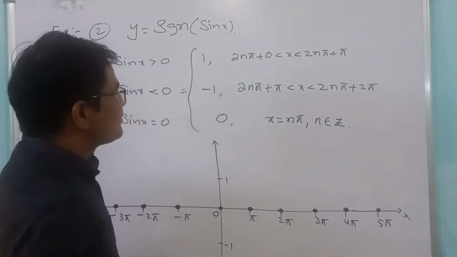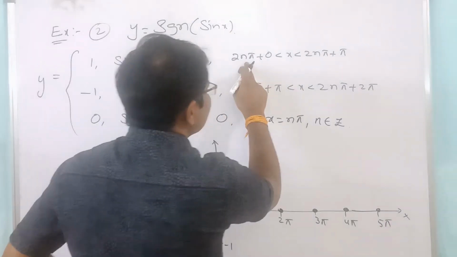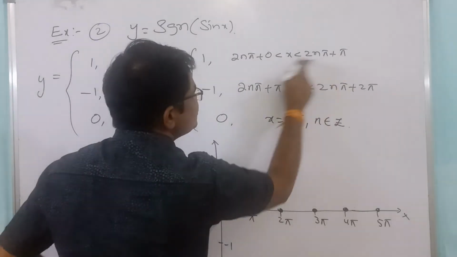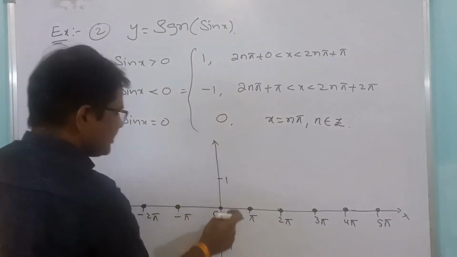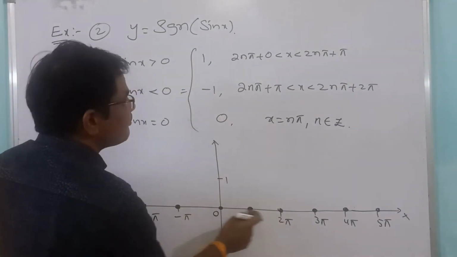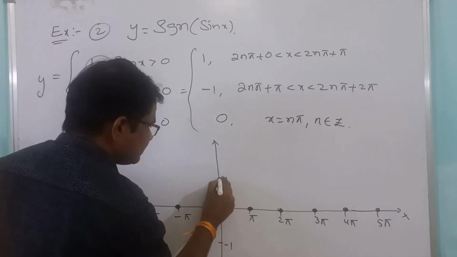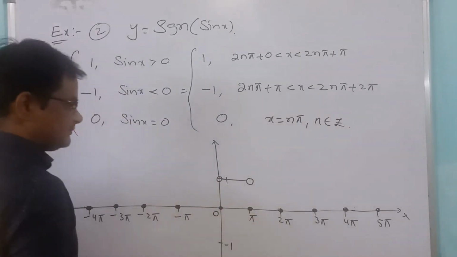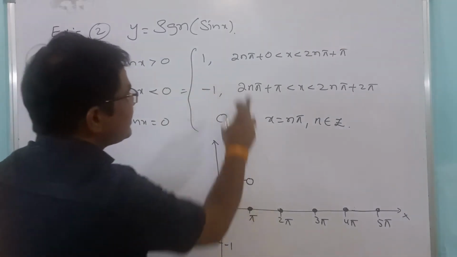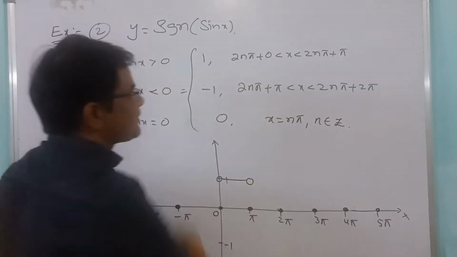Next, suppose n equal to 0, if you substitute, 0 to pi, in this interval the y value is 1. So from 0 to pi, y value is 1, means an open circle here to here, so y is 1. Next, n equal to 1 you substitute in this one.